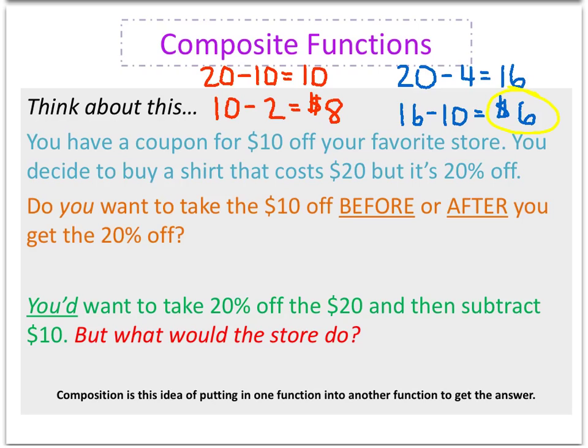But the computer at the store is always going to do the best for the store, which means it's going to do the coupon and then take the discount of 20% off. Now this idea of having two different functions going on, the function of subtracting 10 and the function of taking off 20%, is called composite functions.